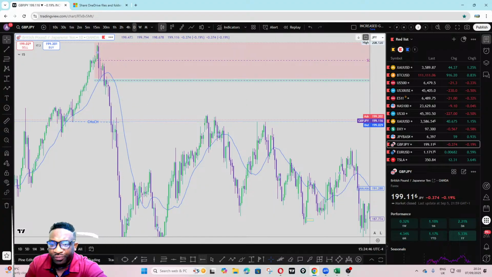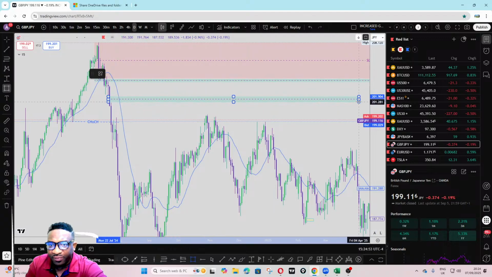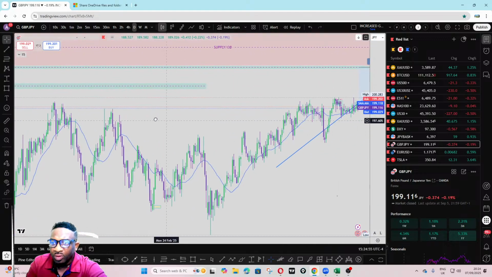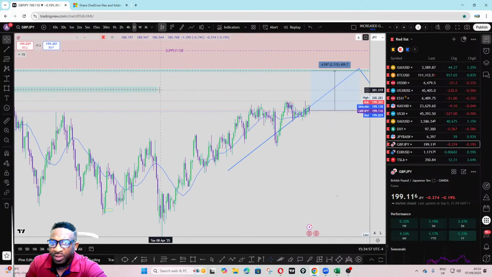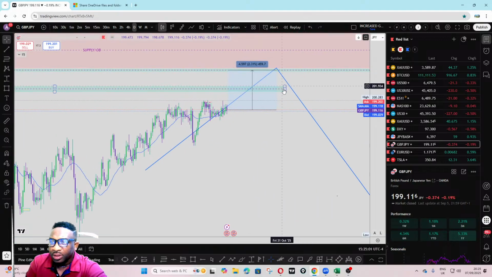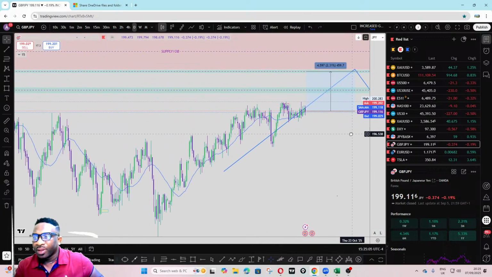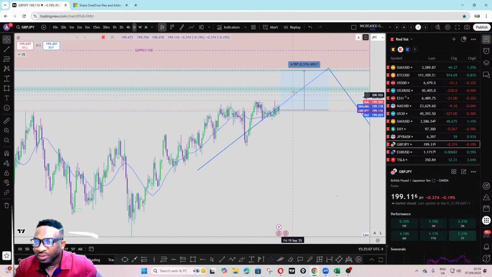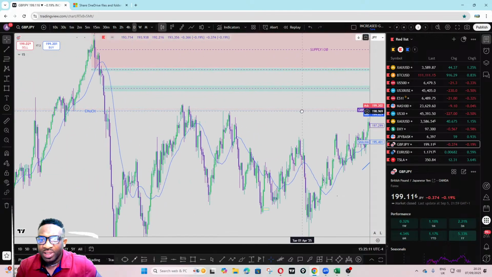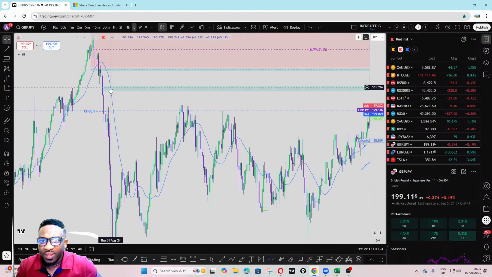If we go further down on the smaller time frame, we can even further refine the zone to this area. On here, we can expect price to at least come back to fill this area of imbalance.